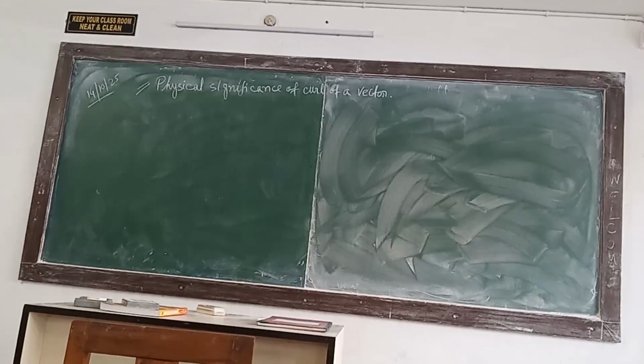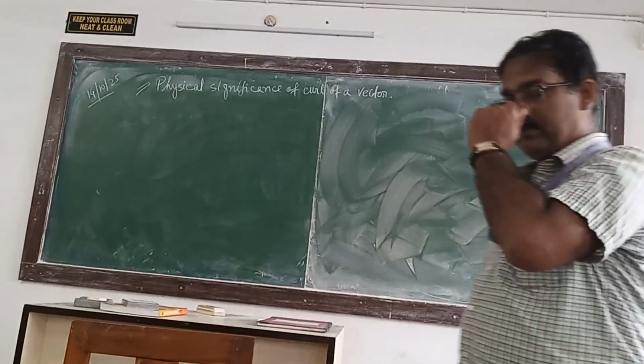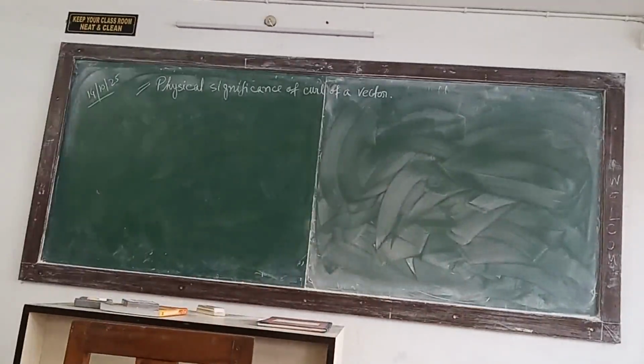If a vector A rotates around a point, then its curl is non-zero.